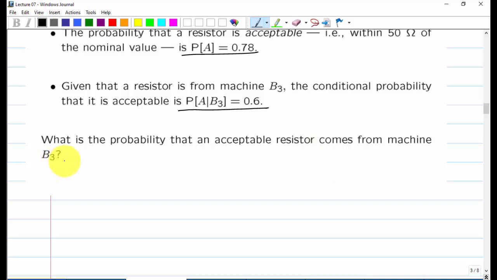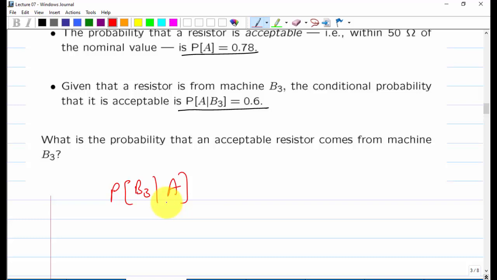So when we pick a resistor out of the box of 10,000 resistors, what is the probability that the resistor we have picked is acceptable and comes from machine B3? So we have to calculate the probability of B3 given that it is acceptable. Meaning, suppose we have chosen an acceptable resistor, what is the probability that it was manufactured by machine B3?